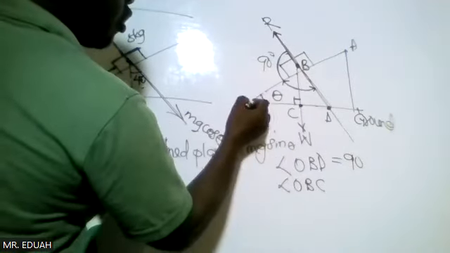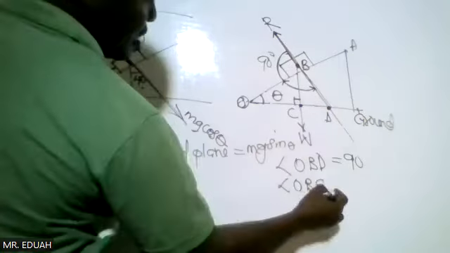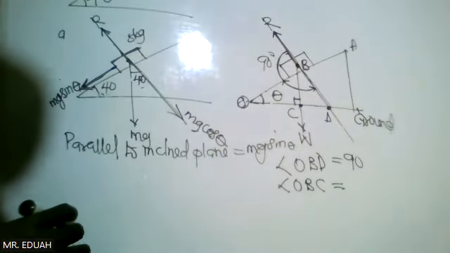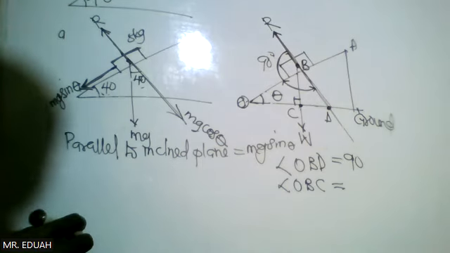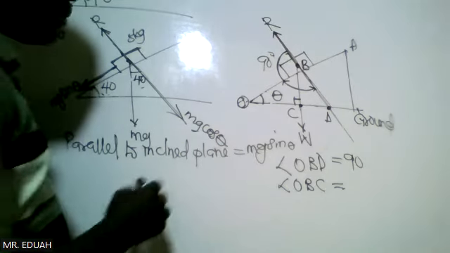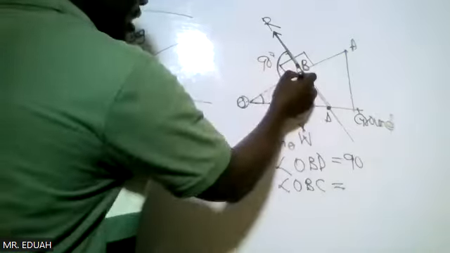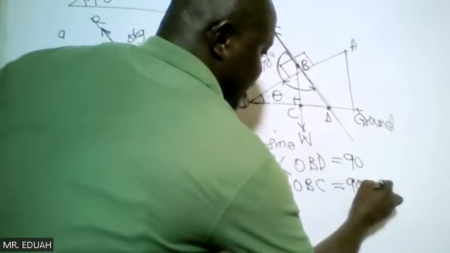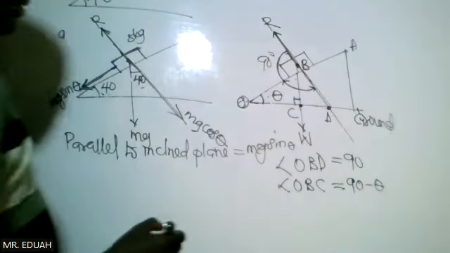What will be angle OBC? Yes, it is 90 minus theta, because this plus this must give us 90. So this will be 90 minus theta.